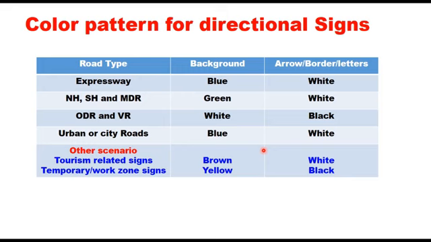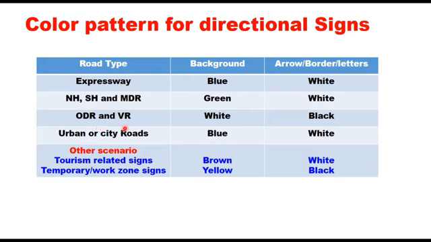Color patterns for directional signs are given in the IRC code for different categories of roads. For expressways, for example, the background is blue and arrow, border or letters are written in white. For national highway, state highway, MDR, this is green and white.